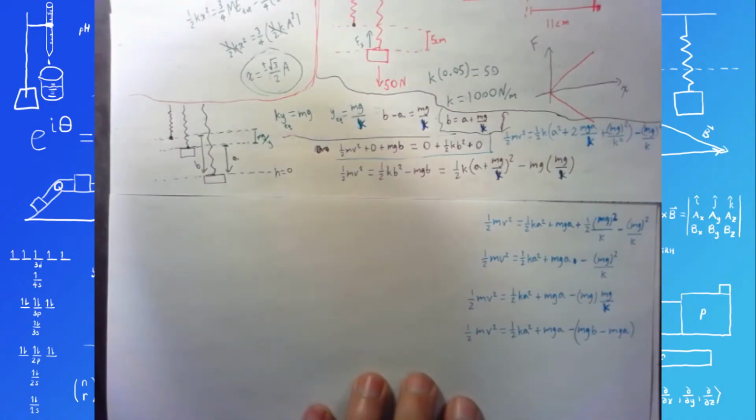I feel like I'm just going around in circles at this point. So I'll get a 2mga minus mgb. How does that help in any way?